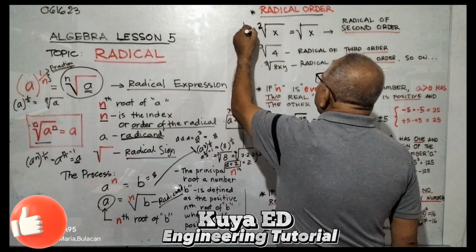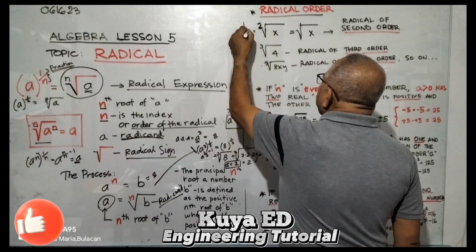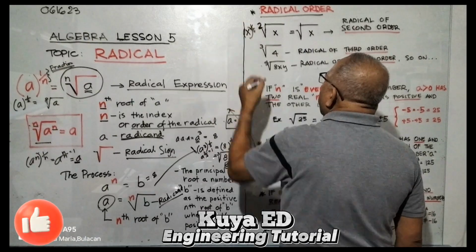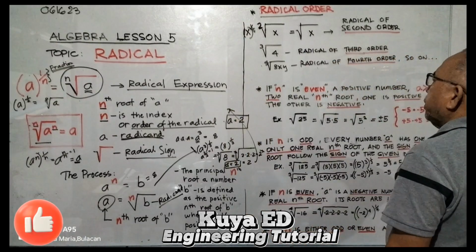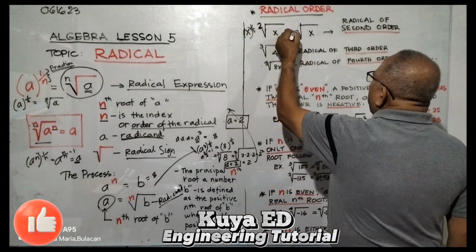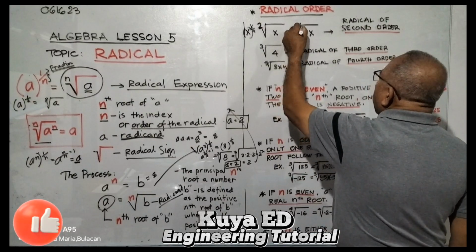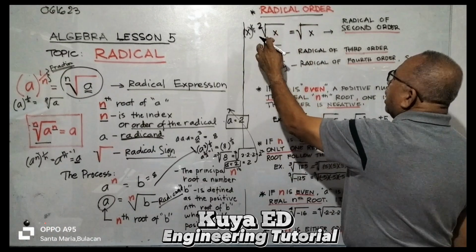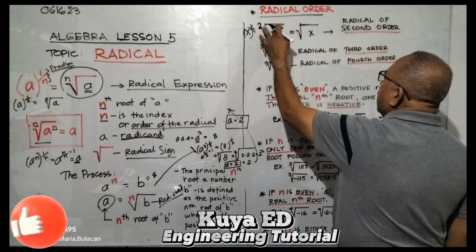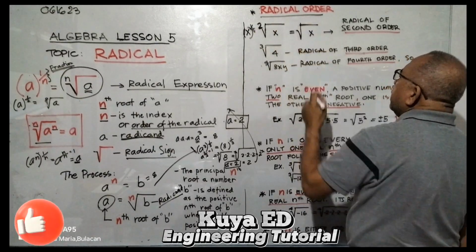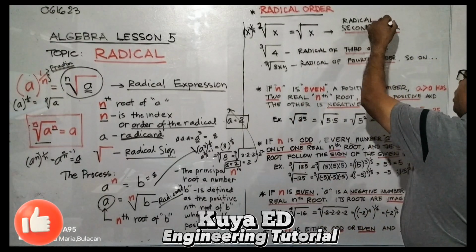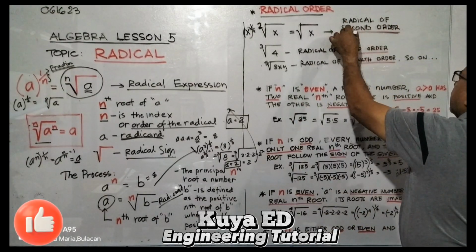Or equivalent to x to the 1/2. Yan. So, equal din siya sa radical sign lang na wala na yung 2. So, assume na yan na pag miski walang 2, basta may radical sign that is in the order or the radical of the second order.